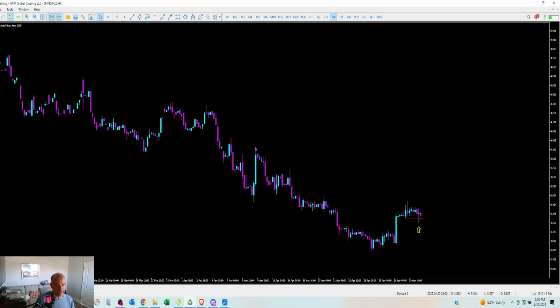Now, if you look back in time, we had another big bullish move up right here, but eventually this broke down and continued to go lower. But there are two big differences between this and this. Let me move this over.